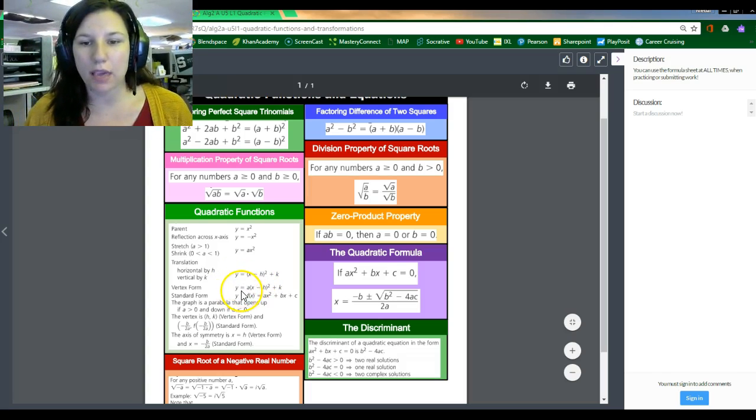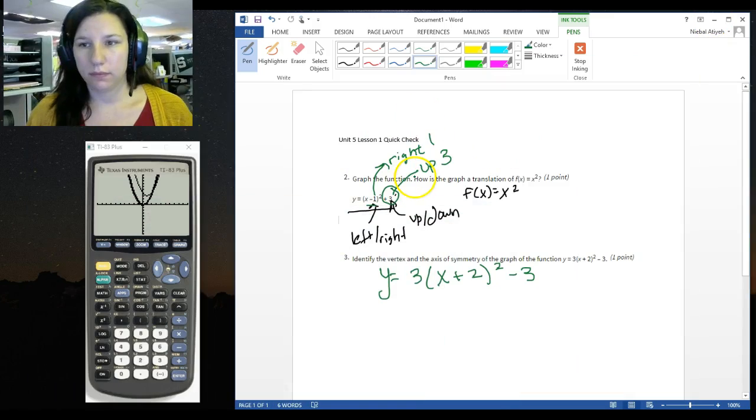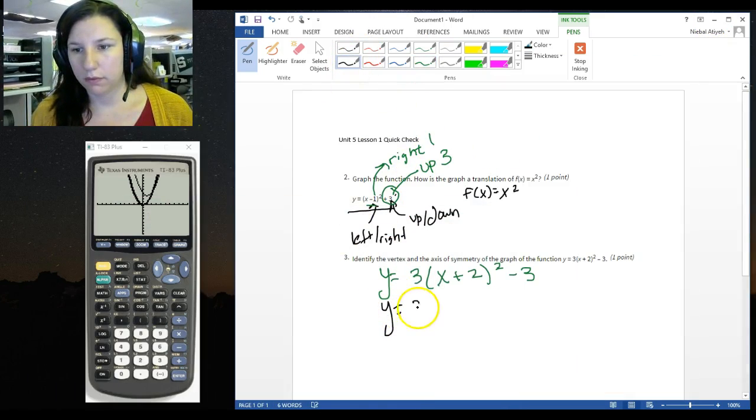So we have y equals a times (x minus h) squared plus k. So I'll write that right underneath it. Okay, let's put the basic one.